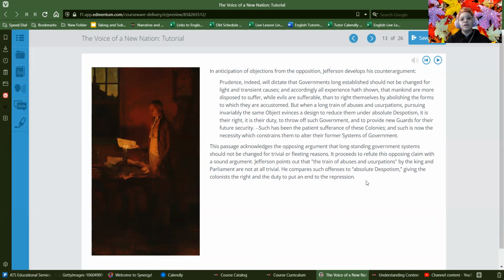So the long story short of it is, he knows that people are going to say, if you give people the power to change how things are done, they're just going to change every single little thing all the time. And he says, well, you're saying that from a position of power. You make the rules and you declare that things are trivial when they actually aren't.